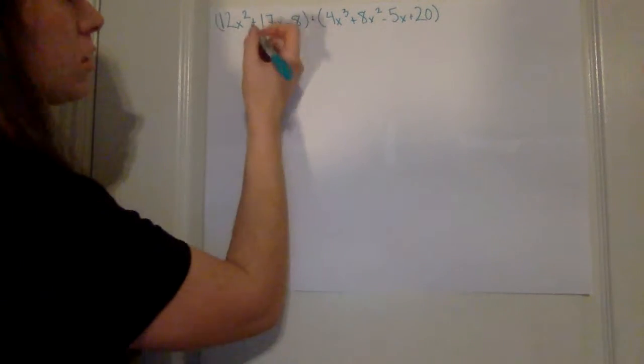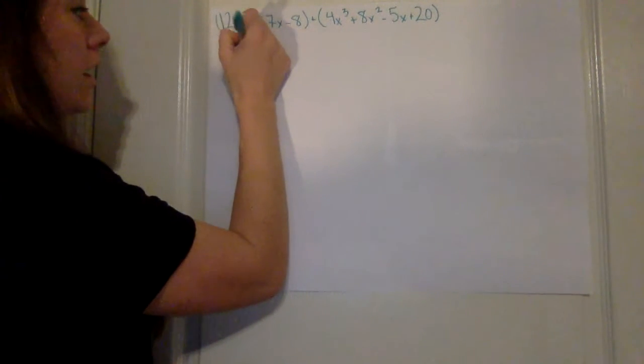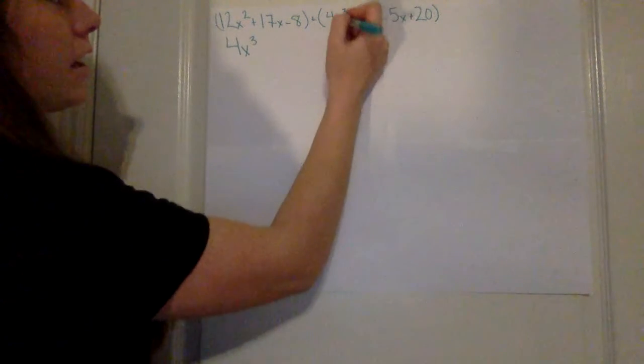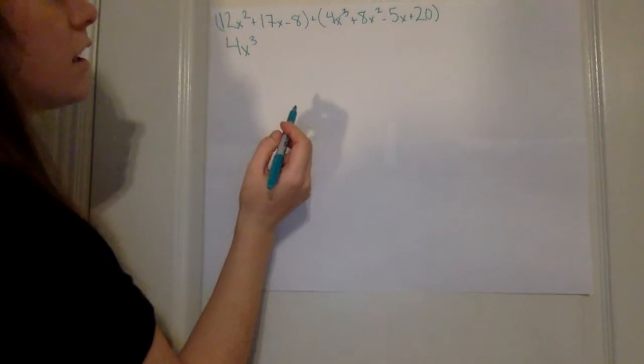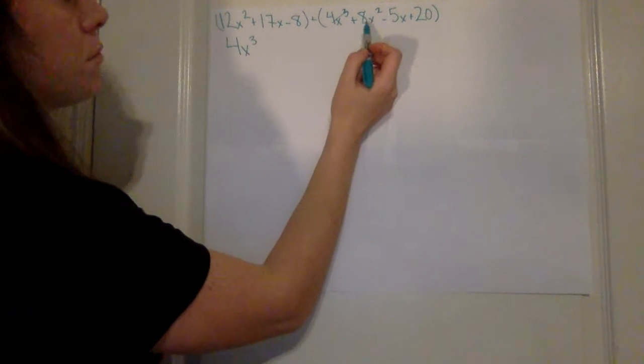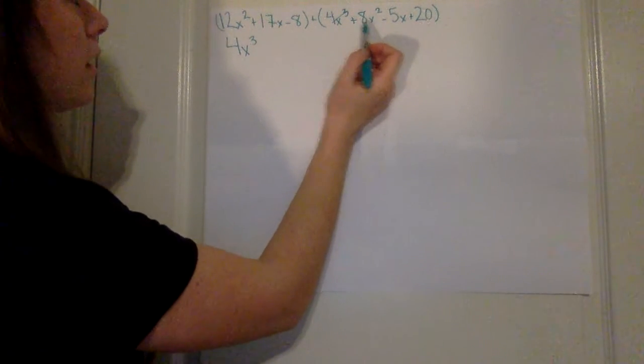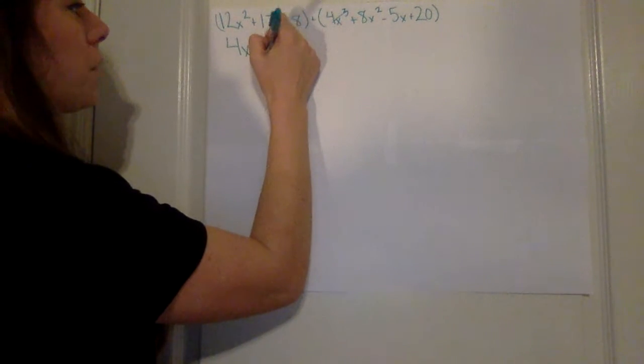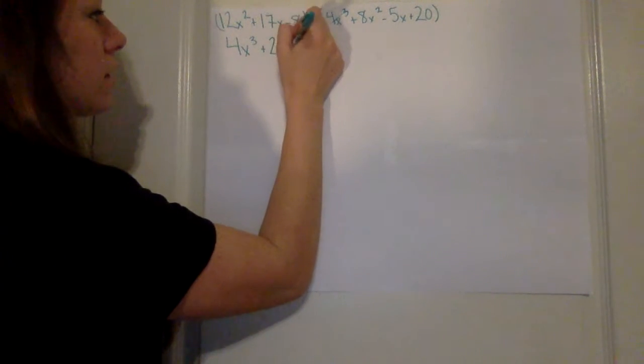So we have 4x cubed. And once we've written that, we can cross it out. And then next we have positive 8x squared and positive 12x squared. So that will be plus 20x squared.